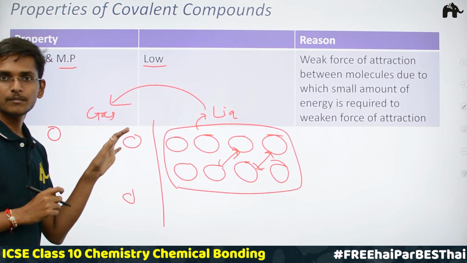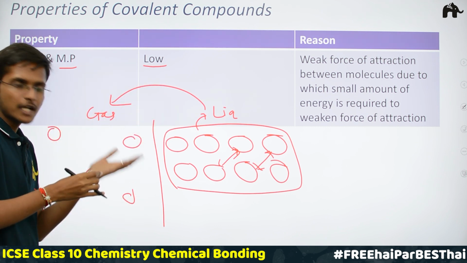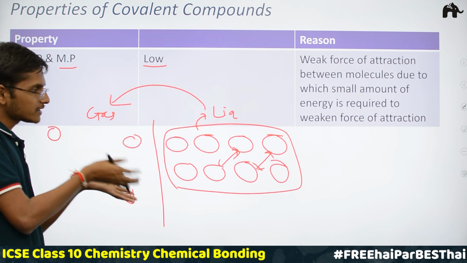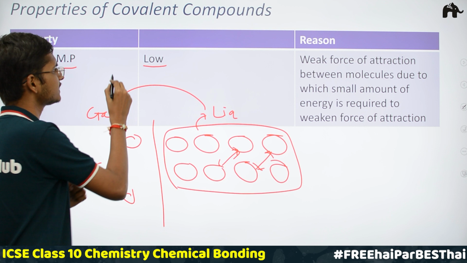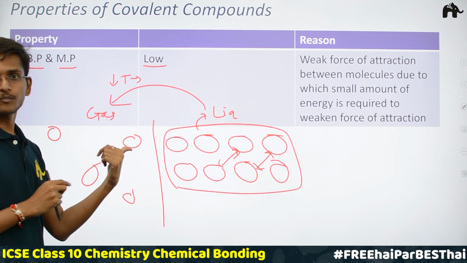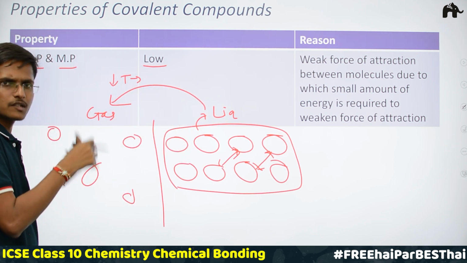So what does this imply? At lesser energy they are getting converted from liquid state to gaseous state. Lesser energy means we are heating at lesser temperature. The temperature at which a substance changes from liquid state to gaseous state is the boiling point, correct?